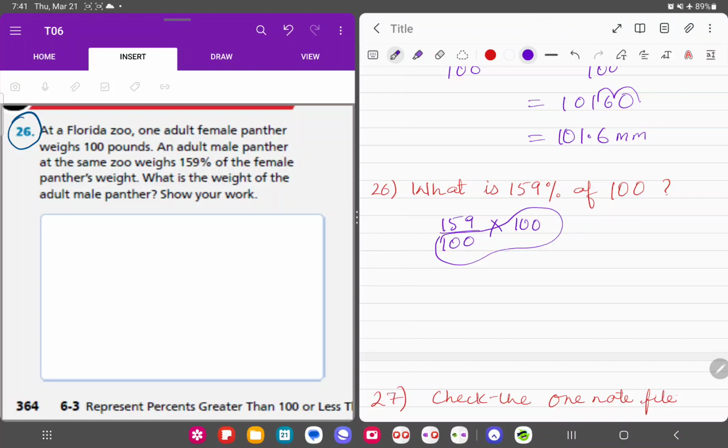Your answer will be 159, or as I told in the previous question, you multiply the numerator. So even if you do that, you will get 159 and 2 zeros over 100, and when you divide it by 100, the 2 zeros will cancel and the answer will still be 159. Okay, so your answer here is 159. So the weight of the adult male panther is 159 pounds.